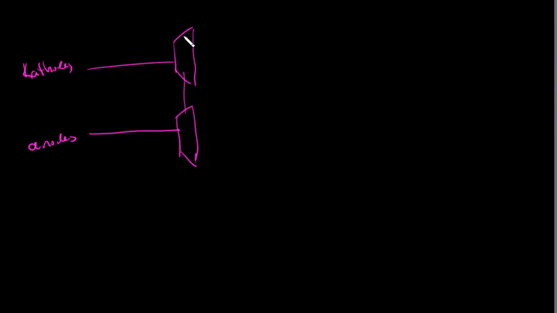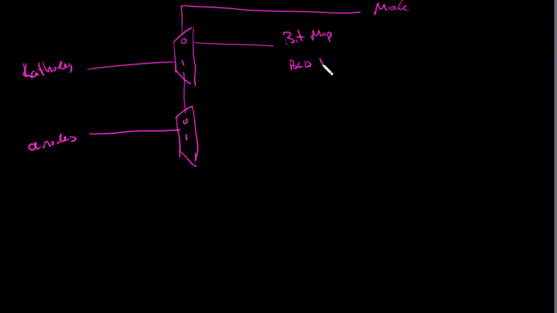I'm just going to draw them all coming off the same control line. And that's going to be selected by the mode. And so if I'm in mode 0 or not 0, so we'll call that 0 and 1. If I'm in mode 0, the source for the cathodes and the anodes comes from the bitmap. If I'm in source 1, it's going to come from the BCD to bitmap.